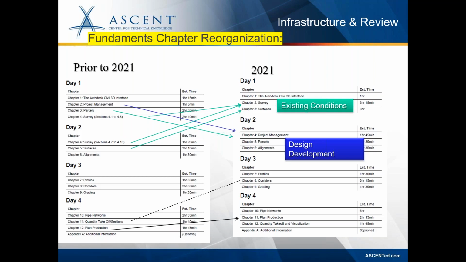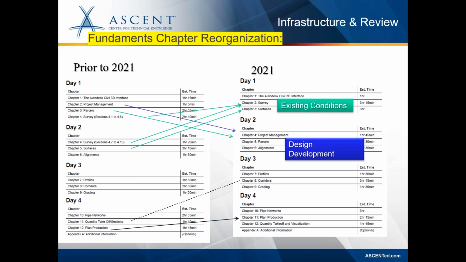The plan production, I moved that up to chapter 11 rather than chapter 12. Again, previously, it was the sheet set manager, the sheet set manager properties and all that was pretty hard to get through. It was pretty hard to get your mind around that.